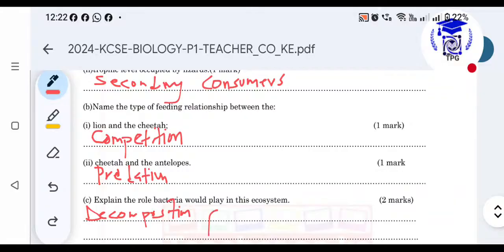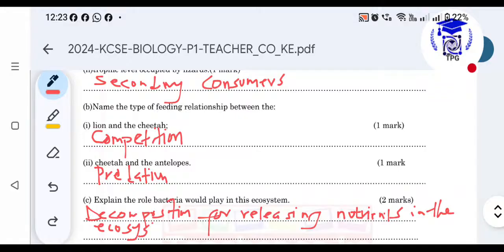For releasing nutrients in the ecosystem.